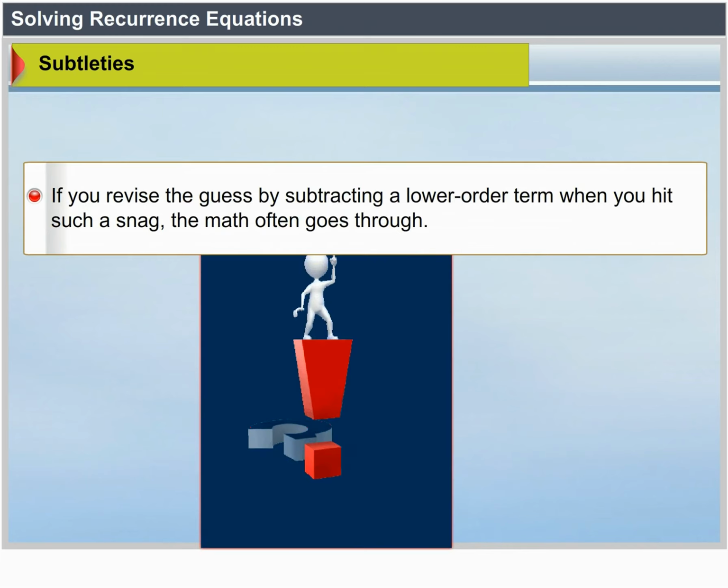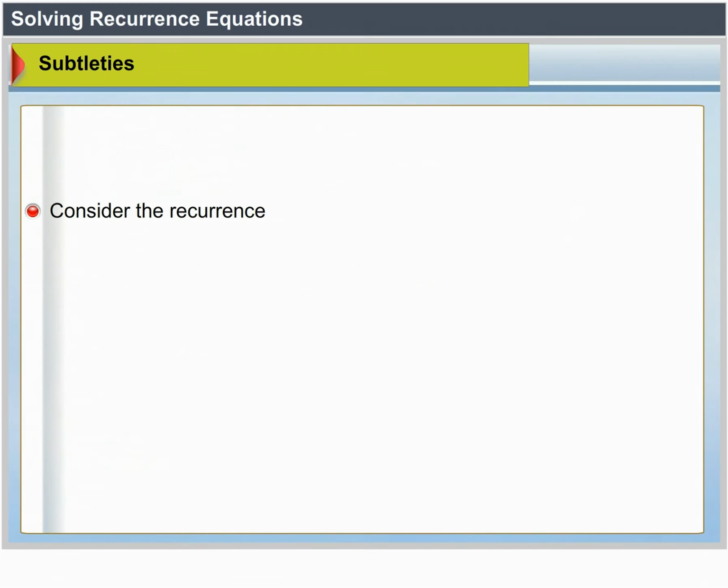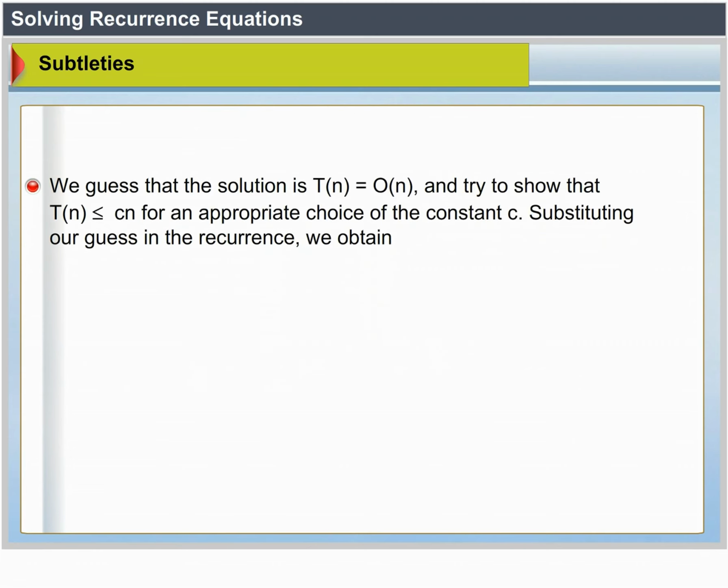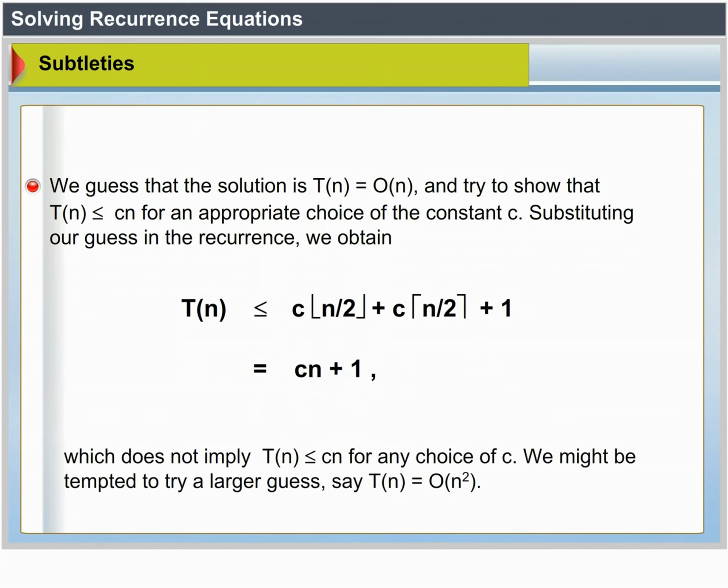Consider the recurrence T(n) = T(floor(n/2)) + T(ceiling(n/2)) + 1. We guess that the solution is T(n) = O(n) and try to show that T(n) <= cn for an appropriate choice of the constant c. Substituting our guess in the recurrence, we obtain T(n) <= cn + 1, which does not imply T(n) <= cn for any choice of c.